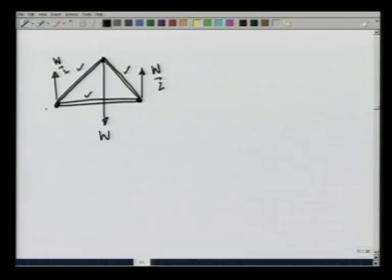So, let us call this 1, 2 and 3. Let us look at rod 1 2. It is in equilibrium under the forces that are applied on it by this pin here and this pin here, only two forces.